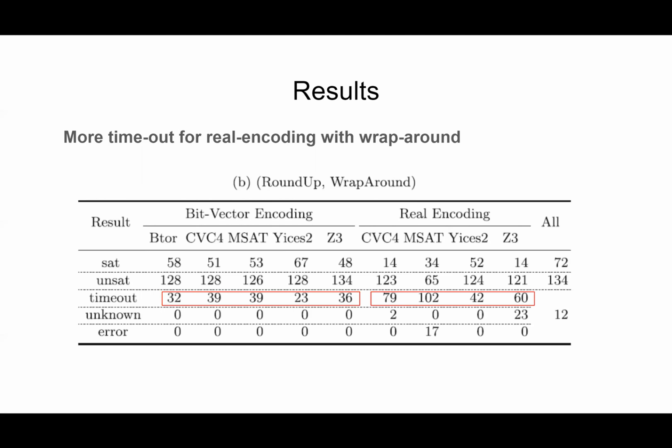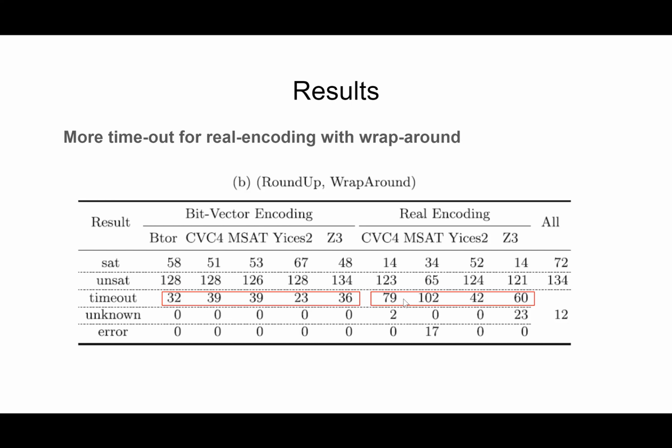And here's the result. Our first observation is that if the overflow mode is wrapping around, then there will be significantly more timeouts for real encoding than bit vector encoding. As you can see, in the 2 red boxes here, real encoding has significantly more timeouts.